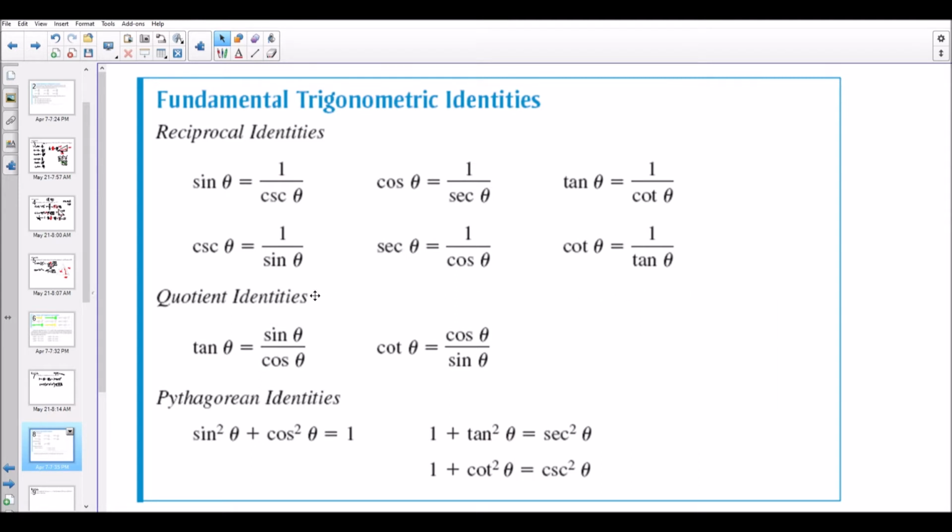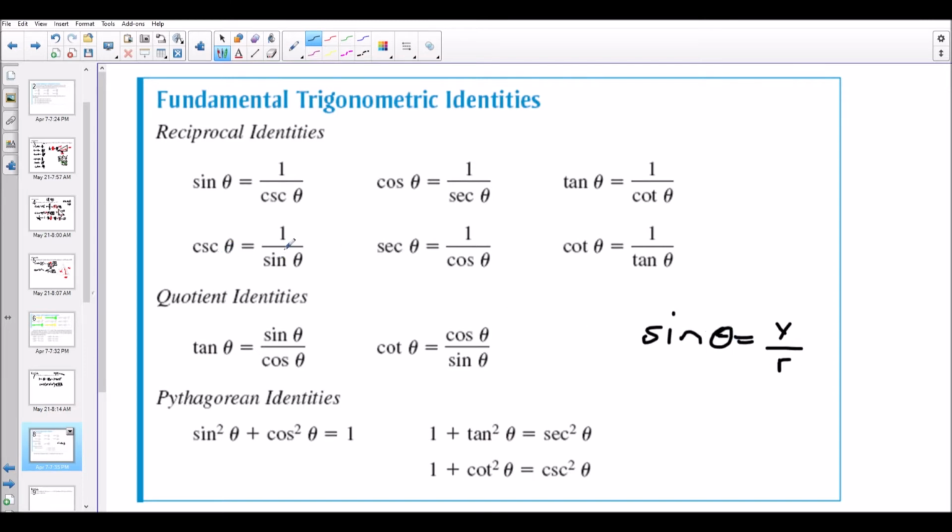For instance, the sine of theta is equal to 1 over the cosecant. They created this because we know the sine of your angle is equal to your y value over your radius.